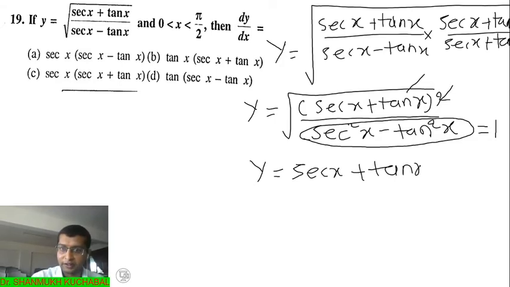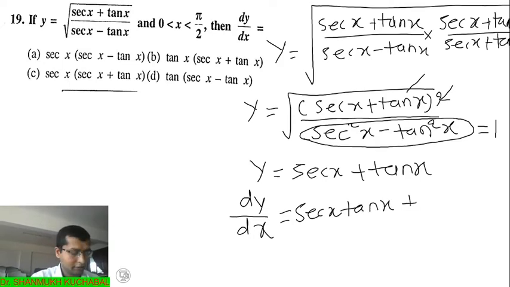So further, this is the y value, we have to differentiate this one. Differentiating, dy by dx: sec x differentiation is sec x into tan x, and tan x differentiation is sec square x.